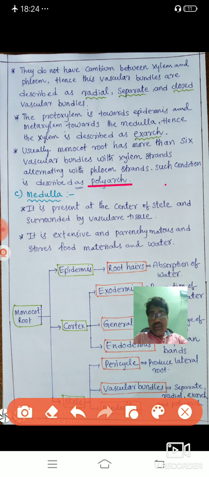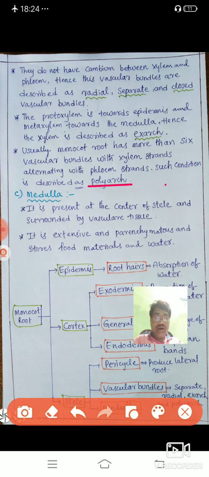So this is the vascular bundles. What is the main conclusion about the vascular bundles? The vascular bundles are radial, separate, closed vascular bundles. The xylem is exarch, polyarch condition. Usually monocot root has more than 6 vascular bundles with xylem strands alternating with the phloem strands.